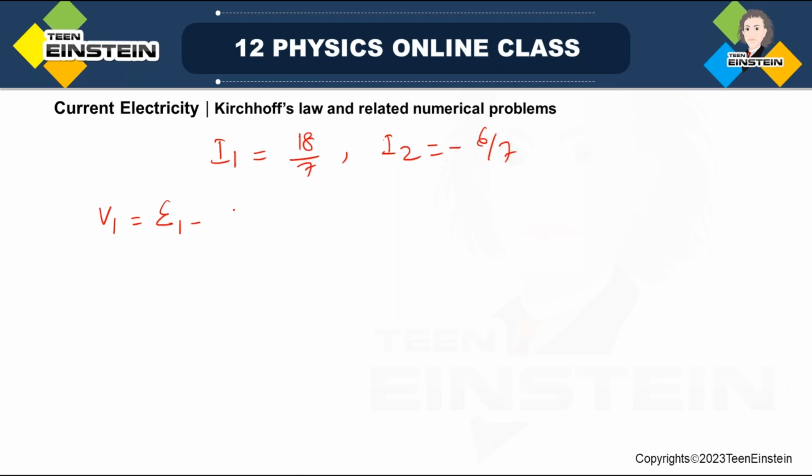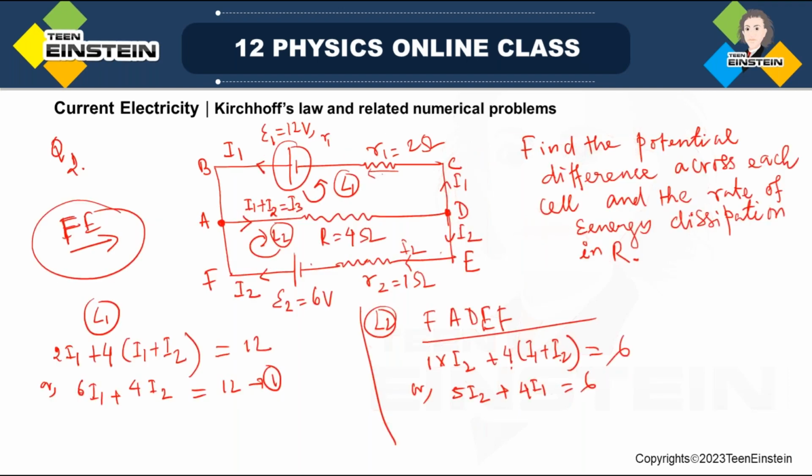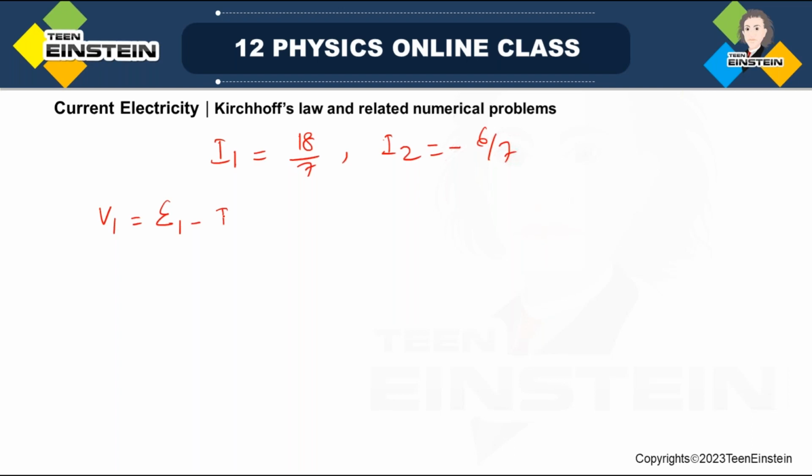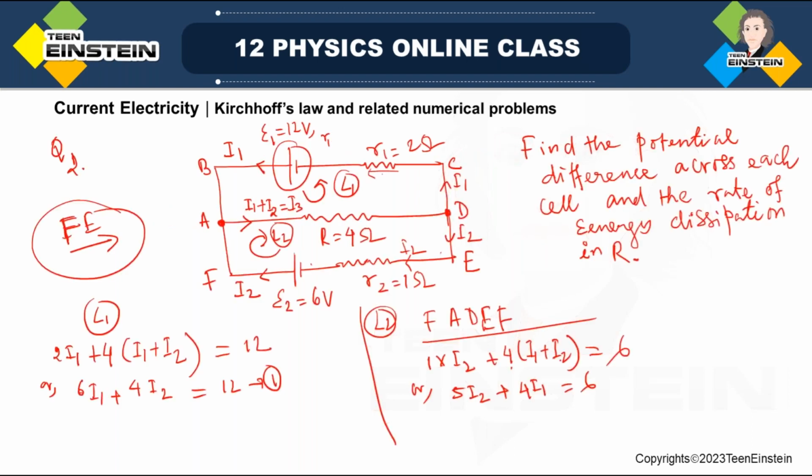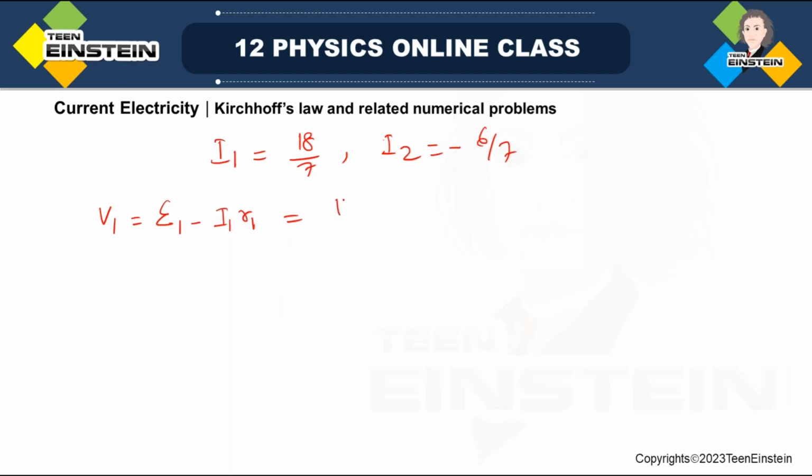So V1 will be 12 minus I1 into R1. Current is flowing here, and in this I have taken I1, right? So R1 is 2 ohm and this is 12: 12 minus 18 by 7 into 2.